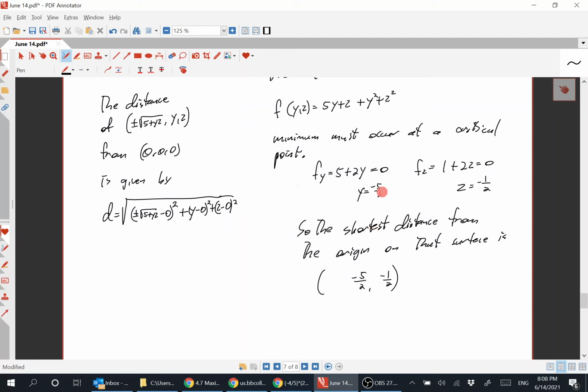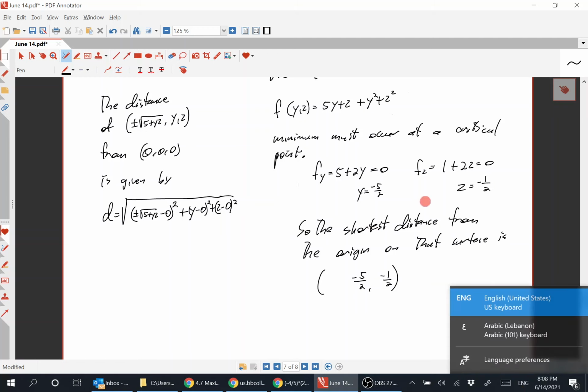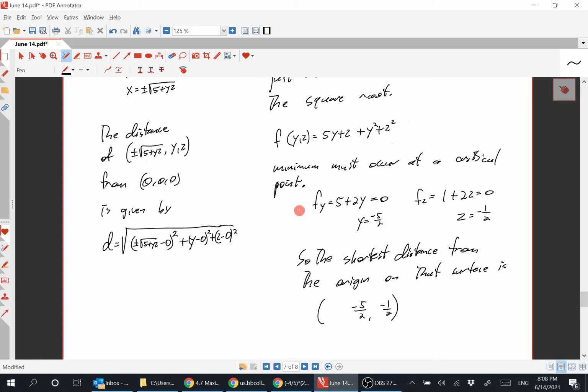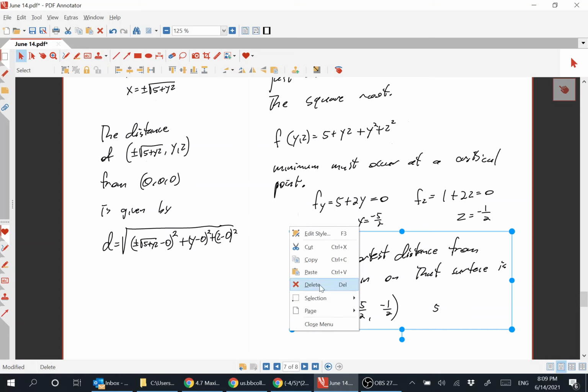And the x is plus or minus the square root of 5 plus yz. So 5 plus yz. Oops, wait, what did I do? I have 5 plus yz. I put 5y plus z. So this is wrong.